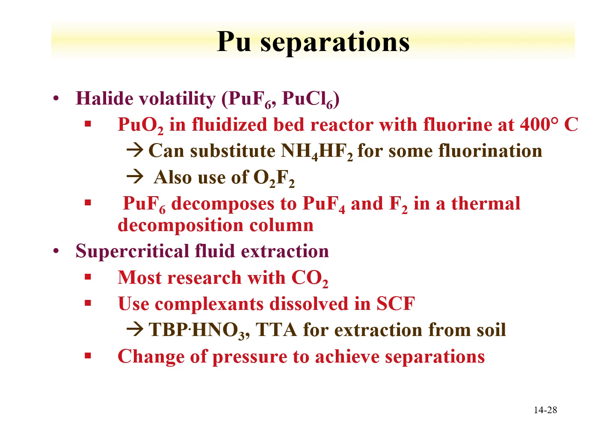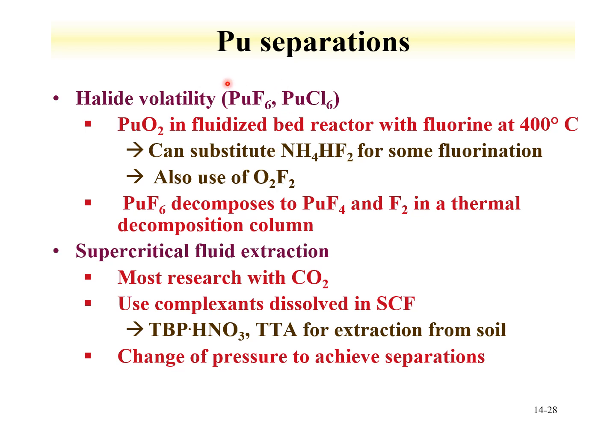Like uranium hexafluoride and uranium hexachloride, the plutonium fluoride and chloride hexavalent species are also volatile, and this can be used for plutonium-based separation. As an example shown here, the dioxide of plutonium is placed into a fluidized bed reactor with fluorine at 400 degrees. Other fluorinating agents, for instance ammonium bifluoride or this fluorinating compound, can also be used as opposed to just fluorine gas.